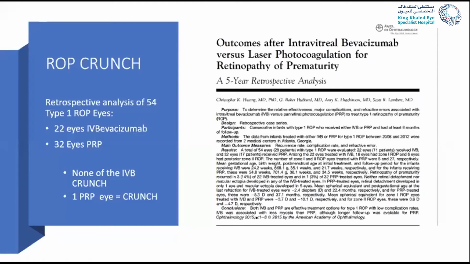They had 28 patients with type 1 ROP who were elected to have either panretinal photocoagulation, which was given in 32 eyes of 16 patients, or intravitreal bevacizumab, which was given in 22 eyes of 11 patients. None of the Avastin eyes progressed into a TRD. However, one in the PRP group eventually developed crunch.